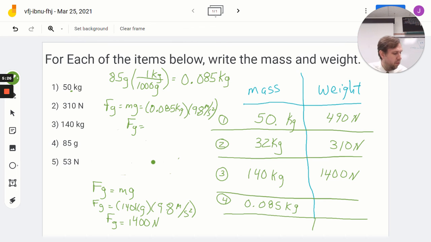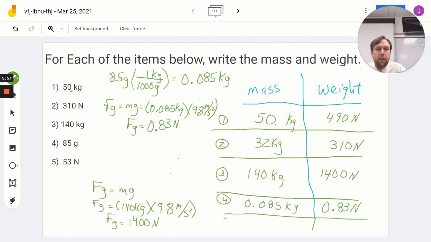So 0.085 times 9.8, and we get 0.83 newtons. And so I'm going to write in here for number 4, the weight is 0.83 newtons.